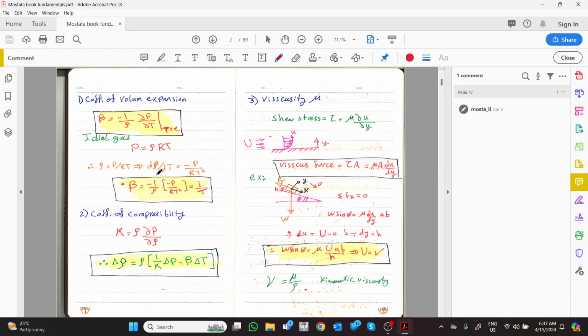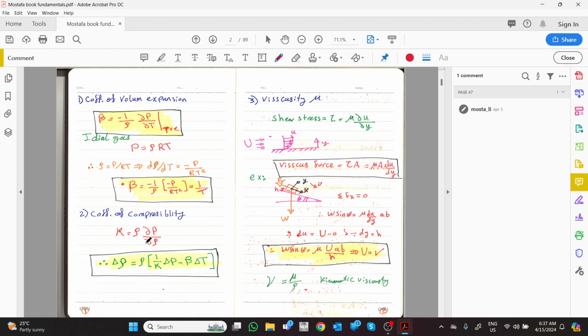So beta equals 1 over minus this term, and this term is the inverse of this term, so it is 1 over T. Okay, so it's just an example.